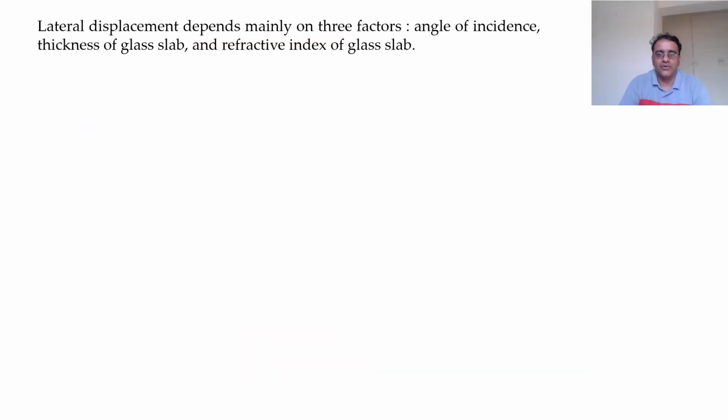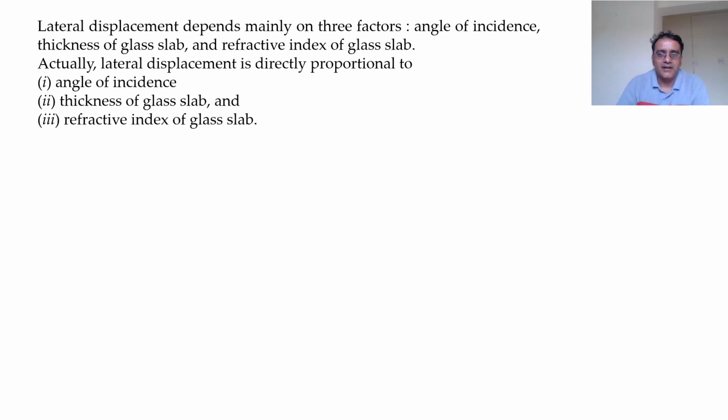Okay, so now lateral displacement depends on three factors. One is angle of incidence, the second is thickness of glass slab, and the third one is refractive index of glass slab. Higher the value of these factors, greater will be the lateral displacement.